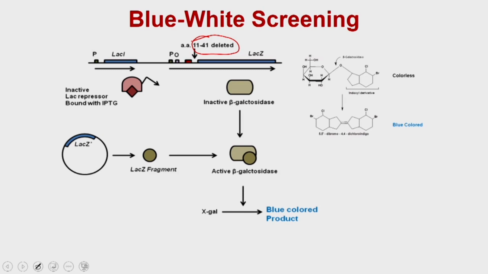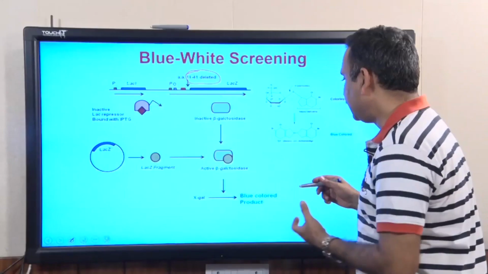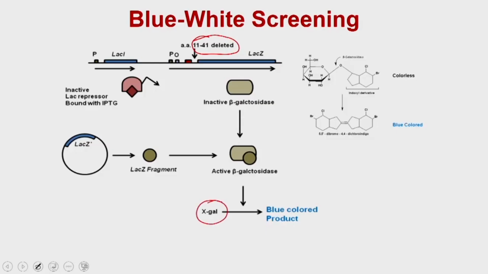In a typical scenario, if you transform the vector alone, the vector is going to give you the functionally active protein, and that is how the X-gal is going to be processed to a blue colored compound.